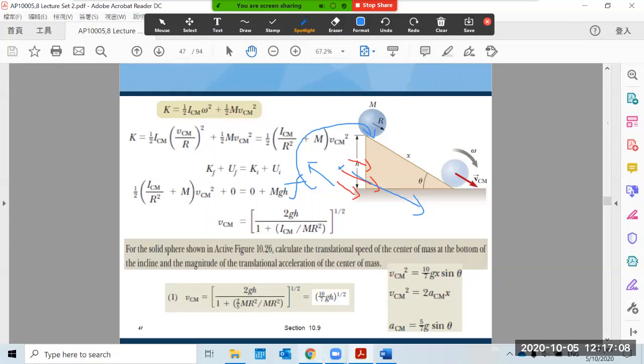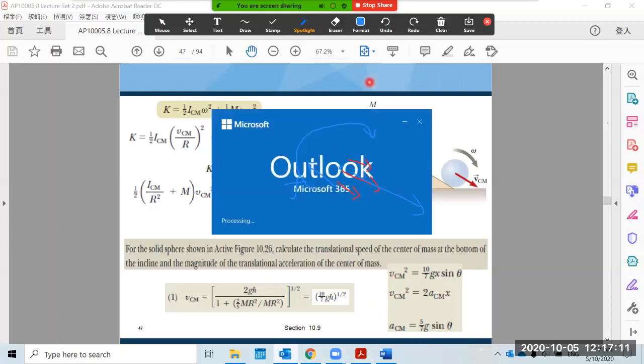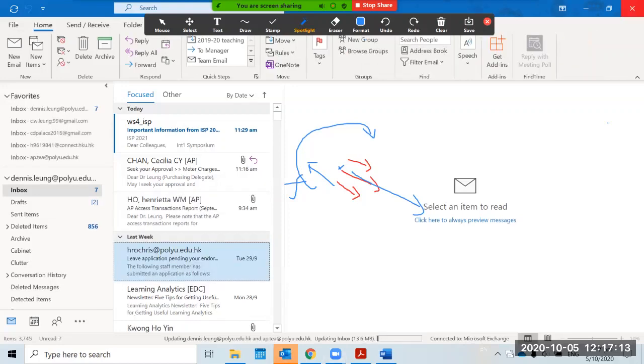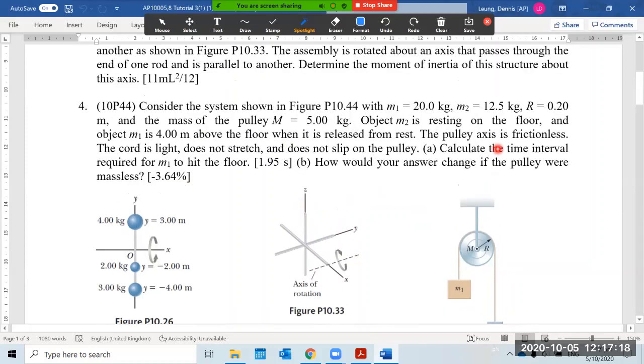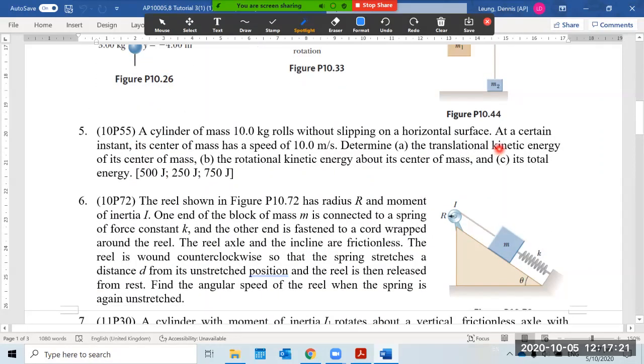Now, before the end of this class, let us take a look at a tutorial question, question number 5. It refers to a cylinder that is rolling without slipping on a horizontal surface. At a certain instant, the center of mass has a speed of 10 meters per second.